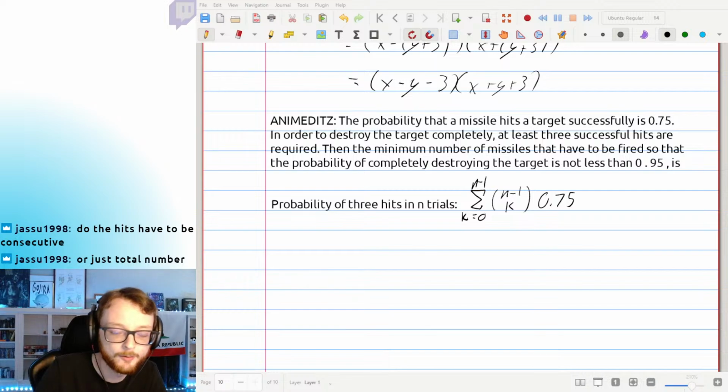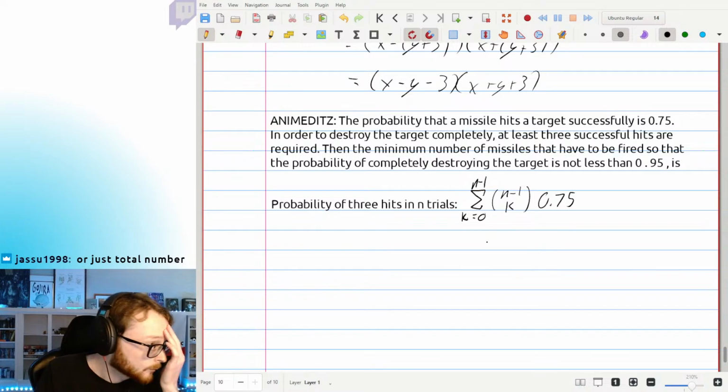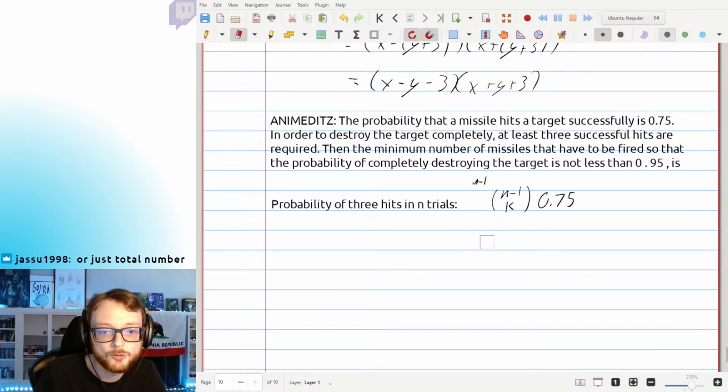I'm floundering. Binomial distribution. Oh, okay, no, I got it right. But wait, we want two. Exactly two. So we don't need a summation.